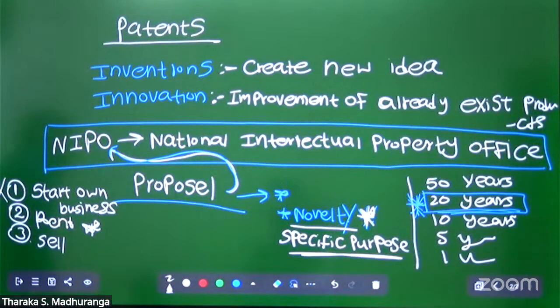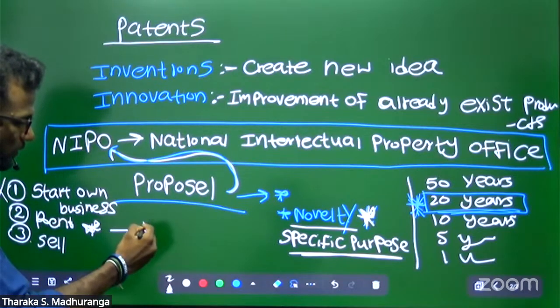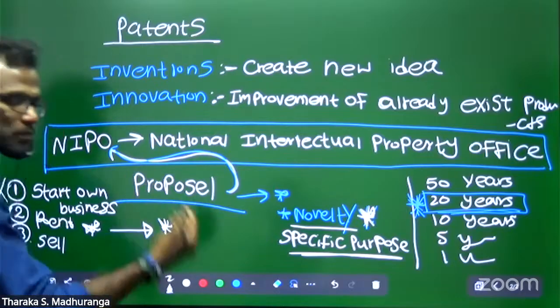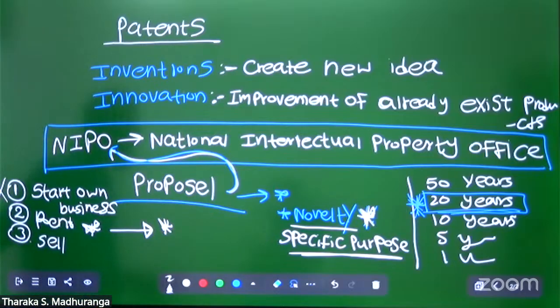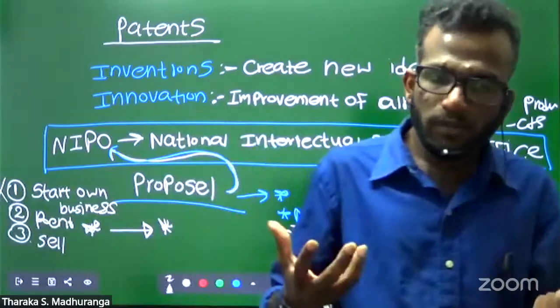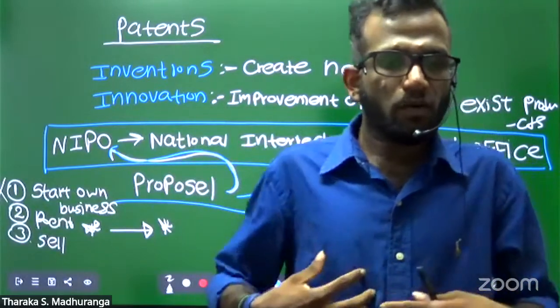Okay, understood. But in here you have to give it with a proper agreement. Otherwise they can produce the product, because that's a secret. The patent is like a secret. Only the owner is sure.